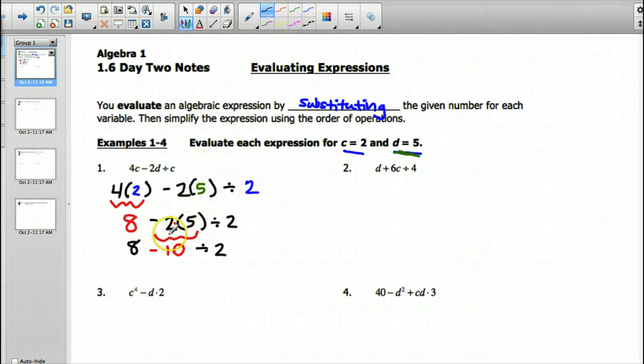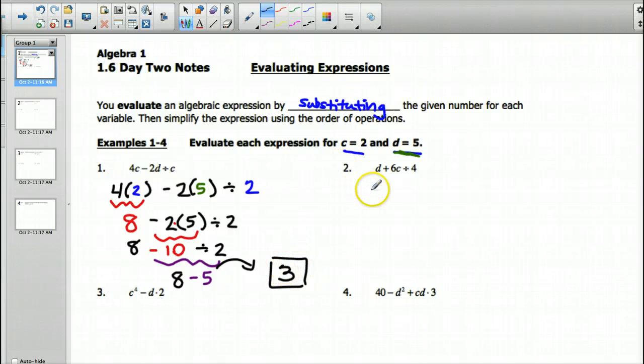Again, I'm going to ignore this subtraction, and I'm going to do my division down here at the end. I have a negative 10 divided by 2, which gives me negative 5. So now we have 8 minus 5, and now we can do our last step. 8 minus 5 is going to give me positive 3. So when I evaluate this expression, I get positive 3 for my answer.